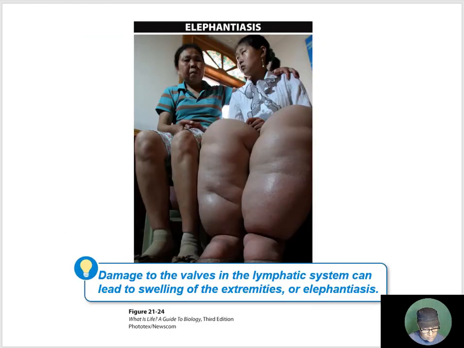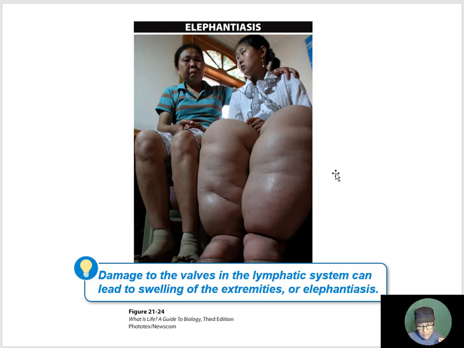But when it goes awry, here you've seen this before in a different person. This is elephantitis. This happens due to filariasis, the little nematodes that actually get into the lymphatic system through the bite of a mosquito, and they damage the valves in the lymphatic system.